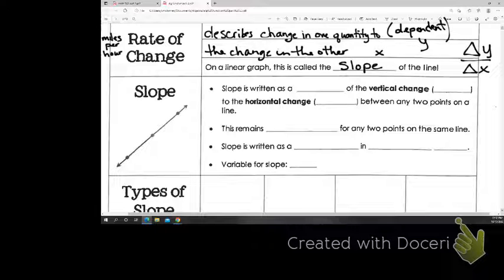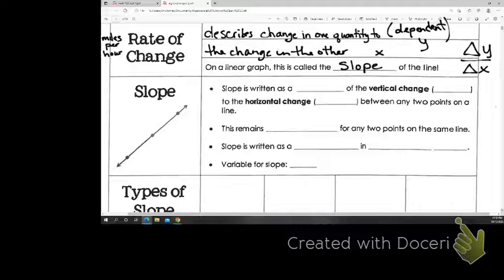Okay, so we're going to talk a lot about slope, but rate of change, the slope of the line, when we've been putting a number with our x, like when we set up word problems, we said, oh, this one says per hour, it's going to go with the x. It's saying the pay is going to change this much for every hour. So the rate of change is just thinking of slope within an application.